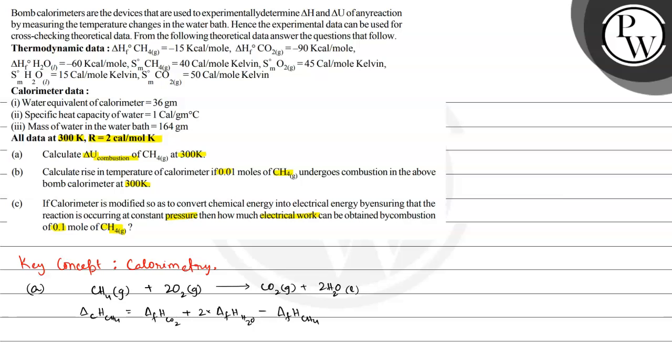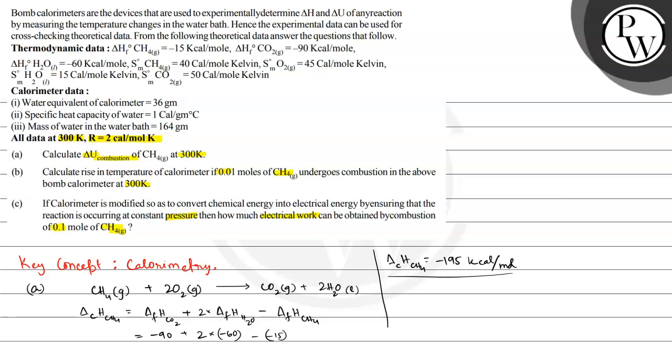And the enthalpy of formation of oxygen is zero because oxygen is present in its standard state. So this is equal to, for carbon dioxide we have the value -90 kilocalorie per mole, plus 2 multiplied by water, for which we have the value -60, minus formation enthalpy of CH4, that is -15. So delta H for combustion of CH4 is equal to -90 minus 120 plus 15. So the net value is minus 195 kilocalorie per mole.